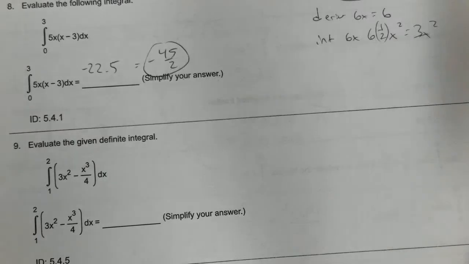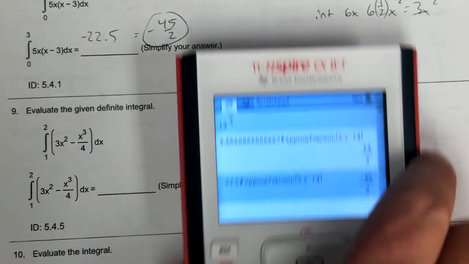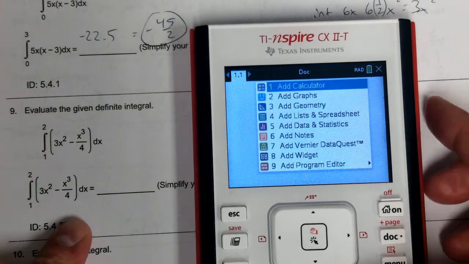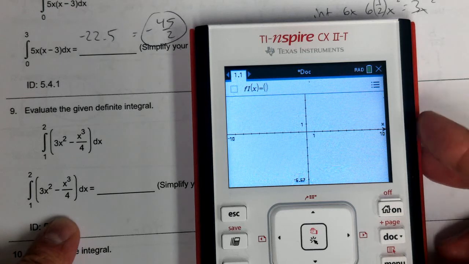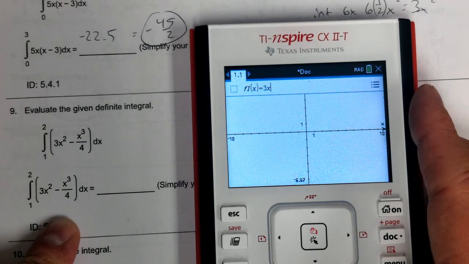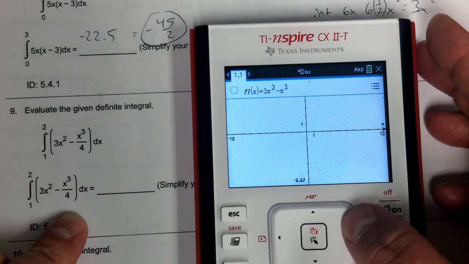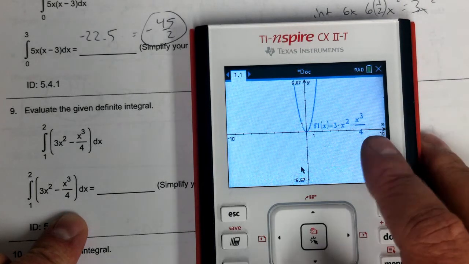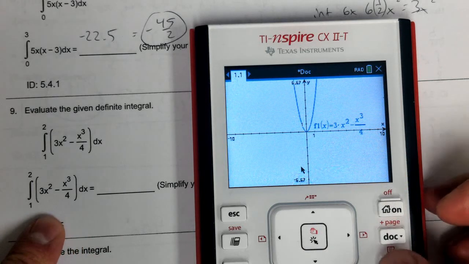Okay, on this next one, we have 3x squared minus x to the third power over 4. Okay, so there it is. And you want the integral from 1 to 2.